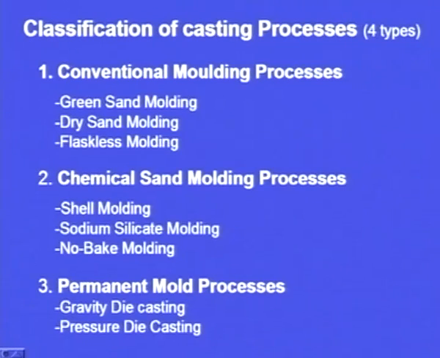We use a mixture of these two and a metallic pattern, and the metallic pattern is heated up and this mixture of resin and fine silica sand is placed over the hot pattern. A thin layer of this mixture melts and forms a shell. That is how we make two shells and clamp them, and a hollow cavity is created. Then we pour the molten metal.